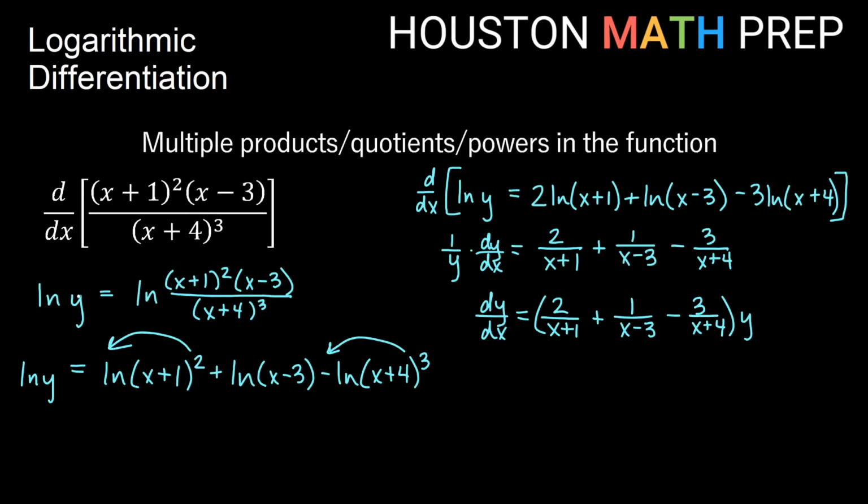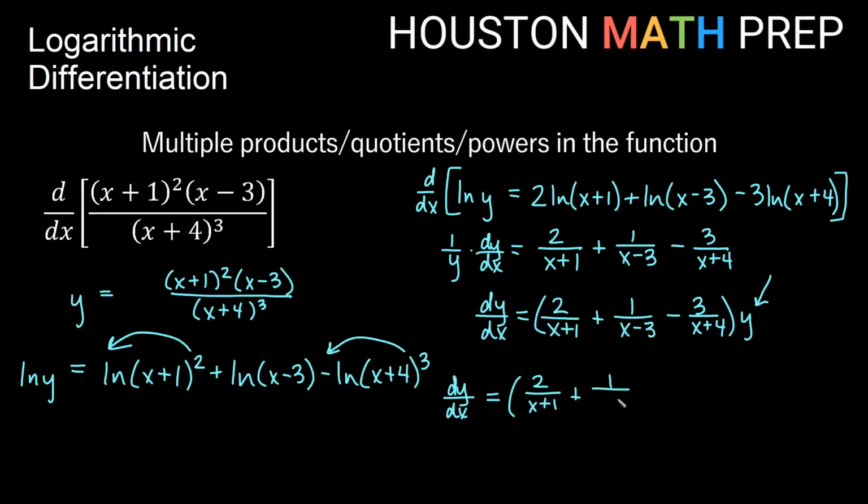If you remember, right before I took the ln of both sides, at the beginning of this problem, we said we were going to let y equal this, right? So what I actually then need to go back and do is replace my y with the original statement that I had when I began, right? So my dy dx, going to compact just a little bit here. So that's going to be what we got on the right side.